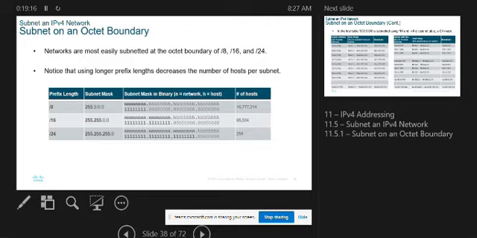Whereas a class B that's using a /16, which we know by default is a 255.255.0.0 subnet mask, has 65,000 addresses and devices, or the potential for 65,000. Big difference. It's a lot bigger broadcast domain on a class B than on a class C.